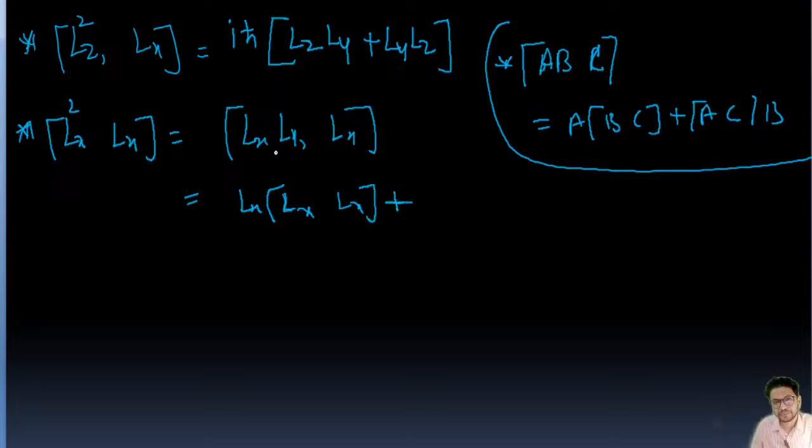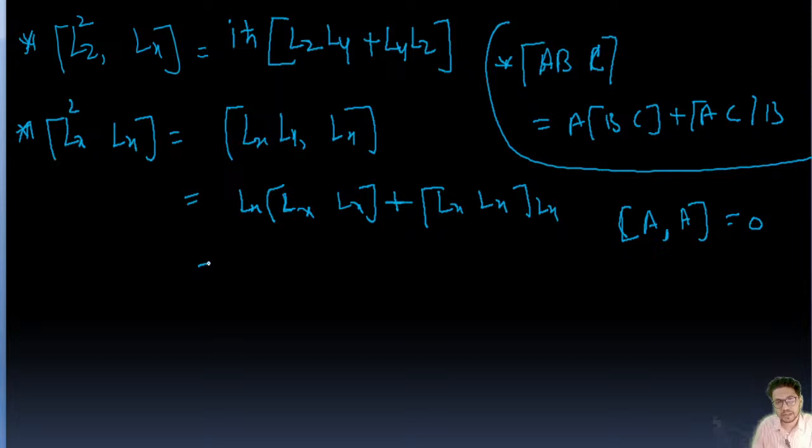Plus, it is going to be Lx, Lx outside Lx, and we know if there is the same term in the commutation, that is 0. Commutation of A with A is 0, similar term.